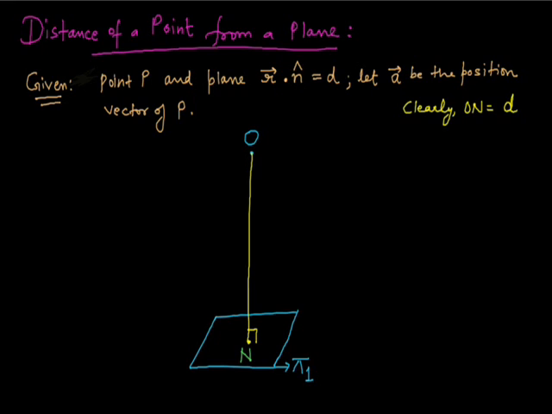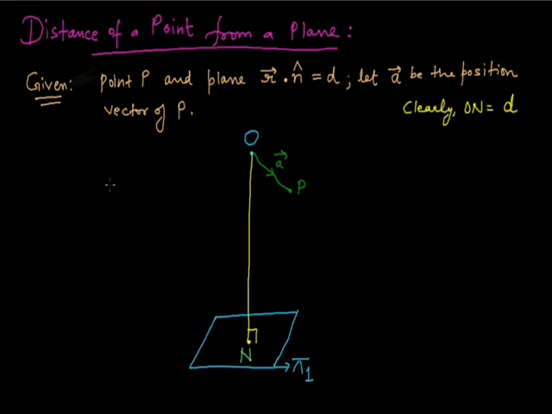Now let us assume the point P is here. This is our point P. The position vector of this point, OP vector, is a vector.